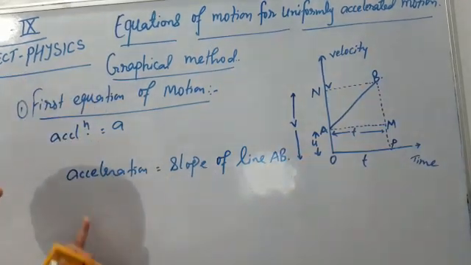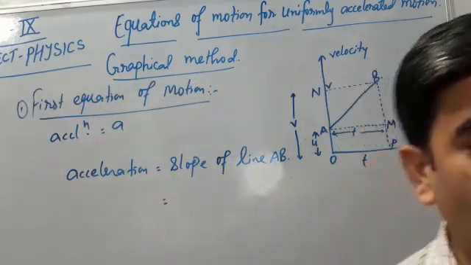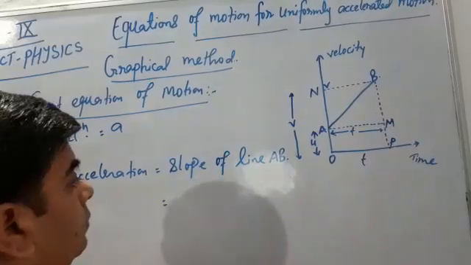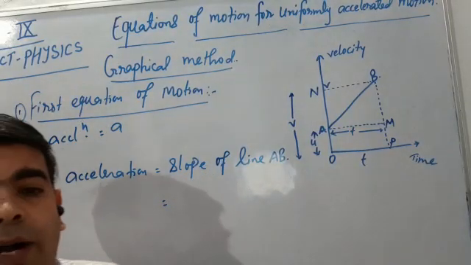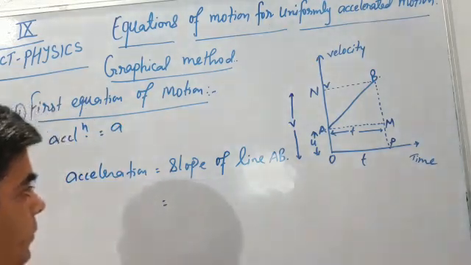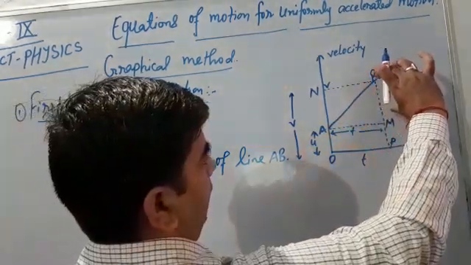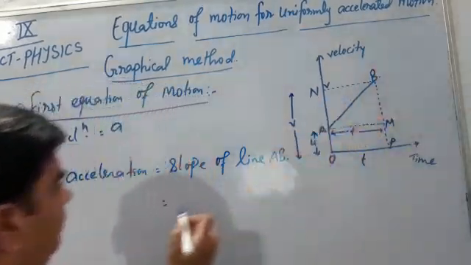So how can we calculate the slope of line AB? Slope is just the ratio of BM and AM.